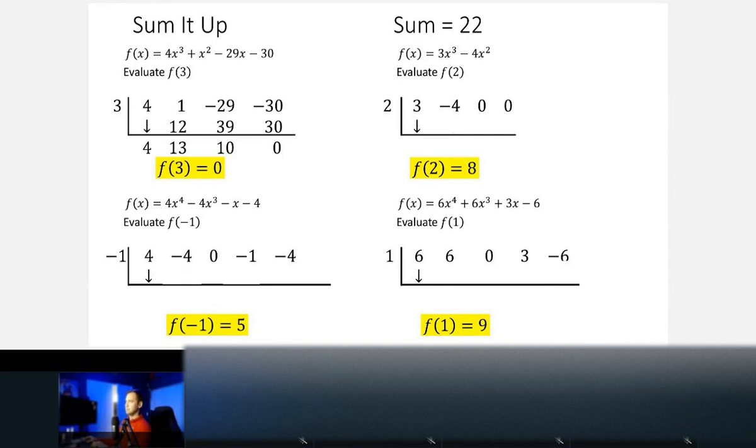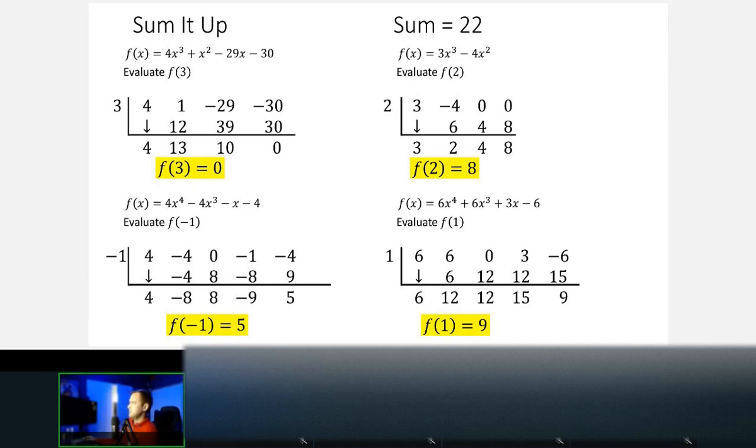So we got 0 for the first one, 8 for the second one, 5 for the third one, 9 for the last one.